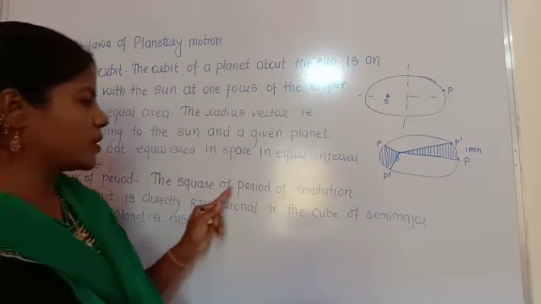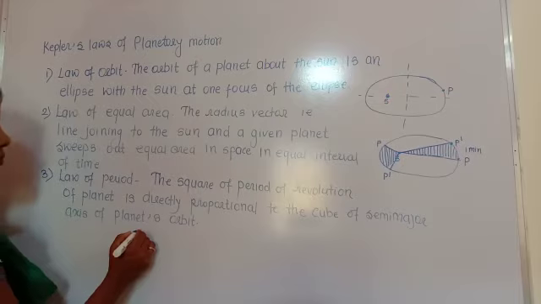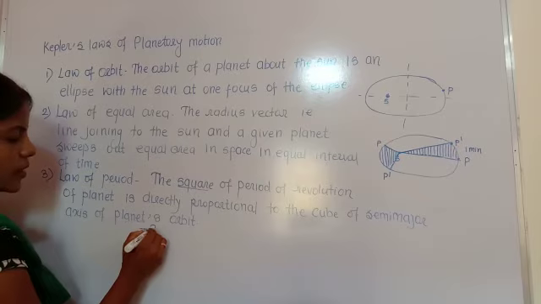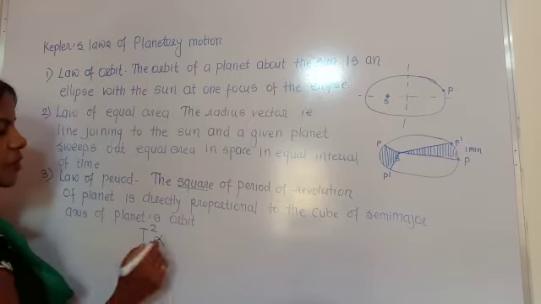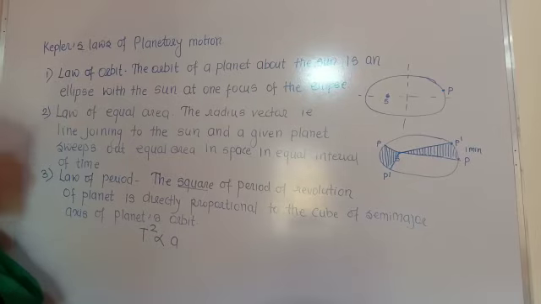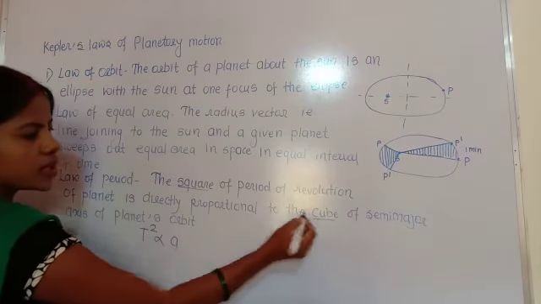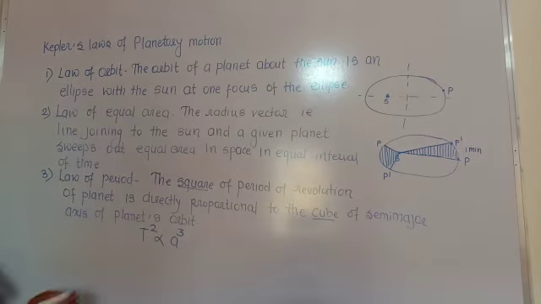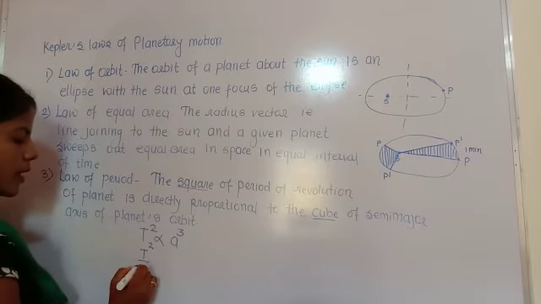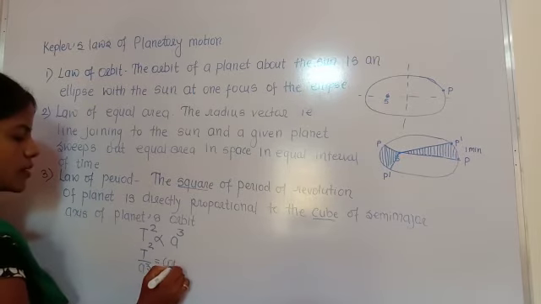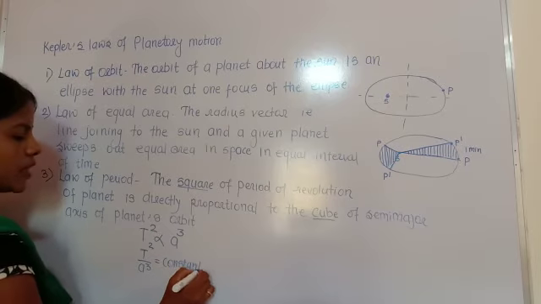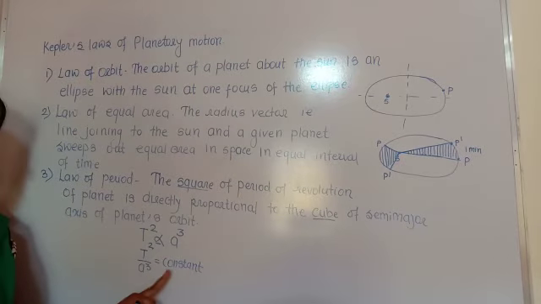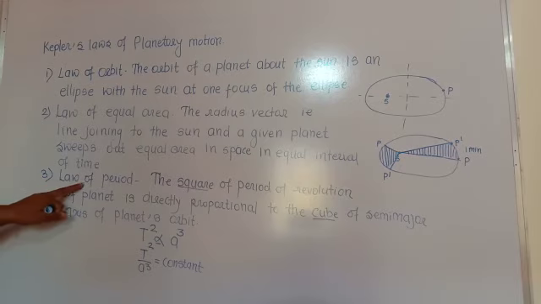If we consider T as the time period of a planet's revolution, T squared is directly proportional to a cube, where a is the semi-major axis of the planet's orbit. If we remove the proportionality sign, we take some constant. So the ratio T squared by a cube is equal to a constant. This is the third law, the law of period.